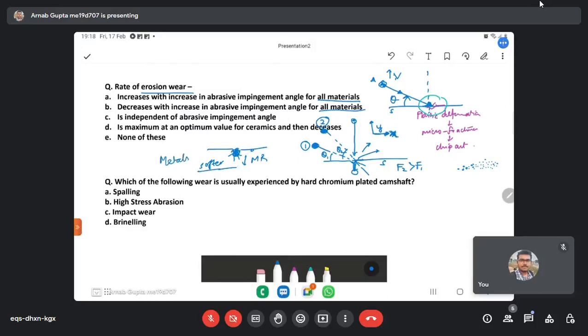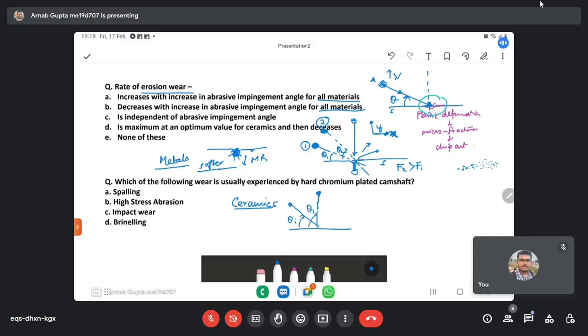However, if you go for ceramics, which are hard as well as brittle, so in that case, what happens? There, the failure mechanism is different. As you're increasing the angle theta from a lower value to a higher value, say this is theta 1 and this is theta 2.